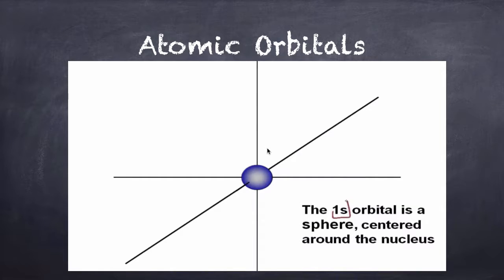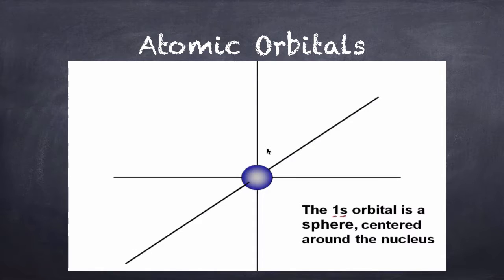What we're going to do now is take a look at the shapes of orbitals and what they're called. They're always designated with a number and a letter. And the letter designates the shape, and the number designates the energy level. So the 1s orbital is the lowest energy orbital, and the electrons in the 1s orbital are the lowest energy electrons.